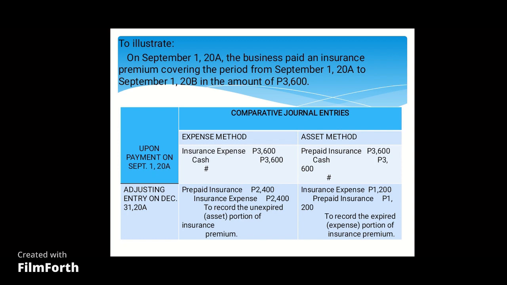So the effects on financial statements under expense method: if no adjusting entry is prepared, the whole amount of 3,600 will be charged to expense when in fact 2,400 is prepaid portion or asset. Since the asset portion could not be recorded without the said adjustments, expense is overstated and asset is understated.